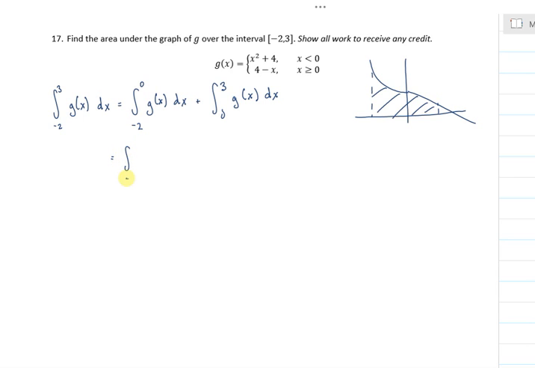Now from the -2 to 0 part, I'm less than 0, so I can use this definition, x squared plus 4. And for the 0 to 3 part, I'm above 0, so I can use this 4 minus x.